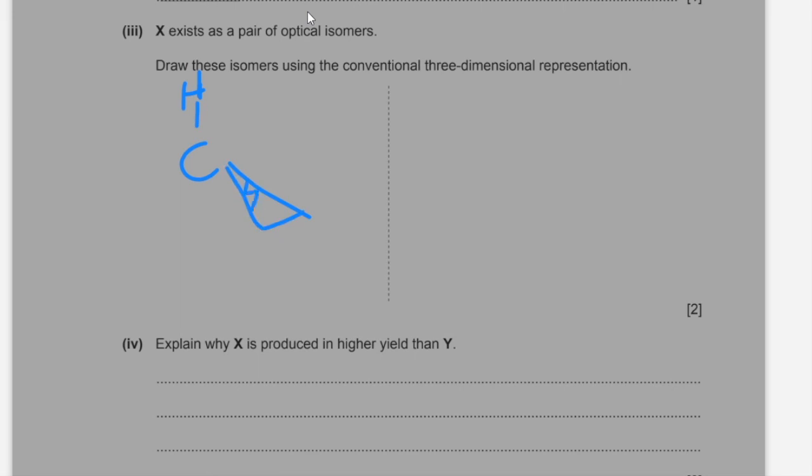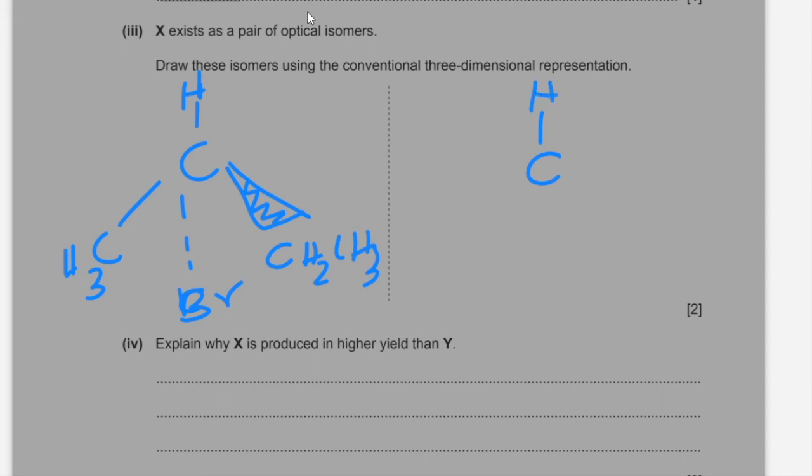So you have the bold wedge going out of the page. This can have CH2CH3, and then the one which is going into the page, and then the last one. So the way you draw it over the mirror plane is you draw the carbon as it was, the hydrogen as it was, and the other group.